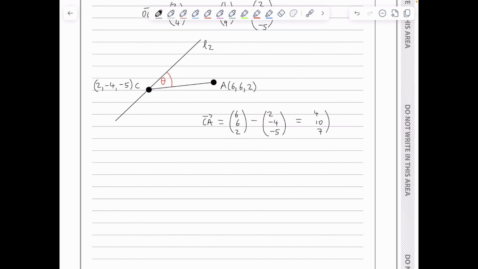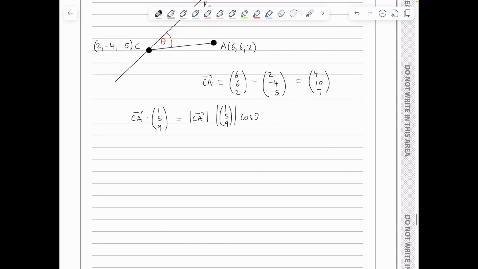This is the vector CA, and I will proceed with the dot product between CA and the direction of L2, which is (1, 5, 9). This should be equal to the magnitude of CA times the magnitude of (1, 5, 9) times the cosine of theta.